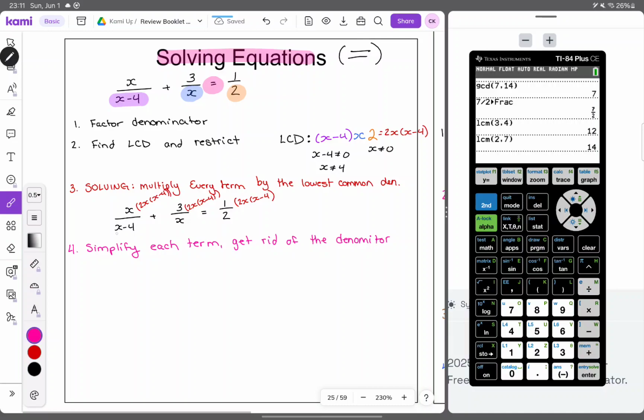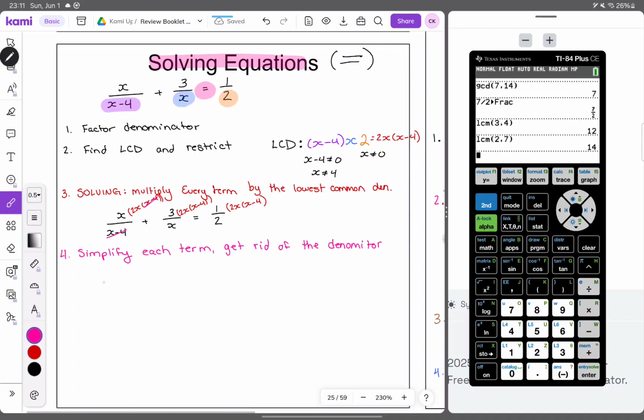The reason that works is because this x minus 4 is going to cancel with this x minus 4. So in this first term, we're left with an x times by 2x. But there's no longer any denominator on that term. This x is going to cancel with this x, so that's going to leave me with a 3 times 2x minus 4.